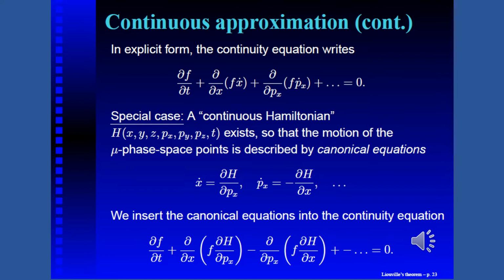We insert the canonical equations in the continuity equation, that is partial f over partial t plus partial over partial x of f times partial H over partial px, minus partial over partial px of f times partial H over partial x, plus so on, that is equal to 0.